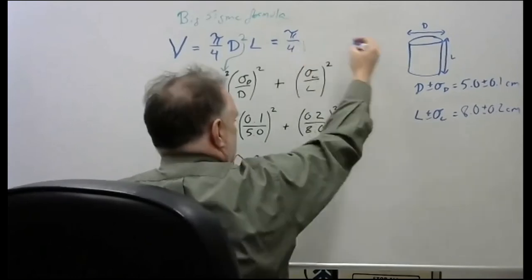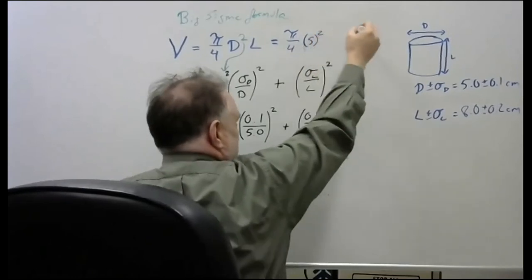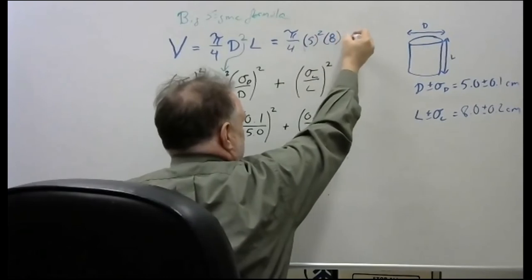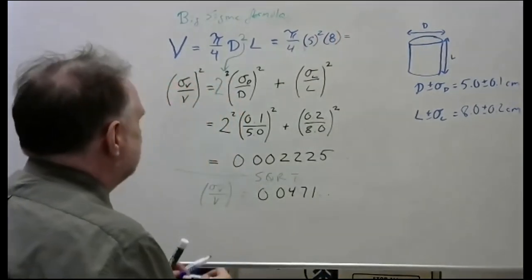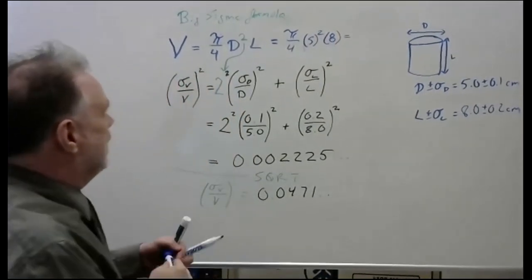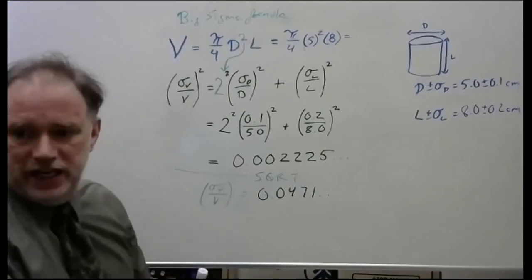So this is pi over 4 times 5 squared, multiplied by 8. Do not put this as 50 pi, even though that is what it is. Actually, get a number for me.